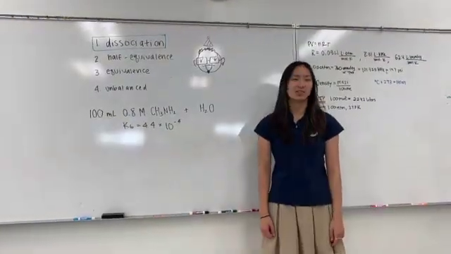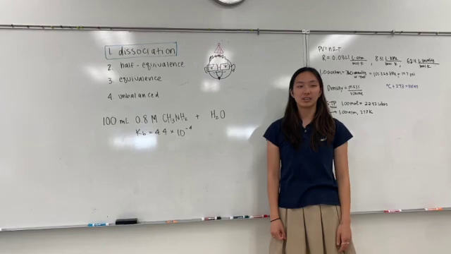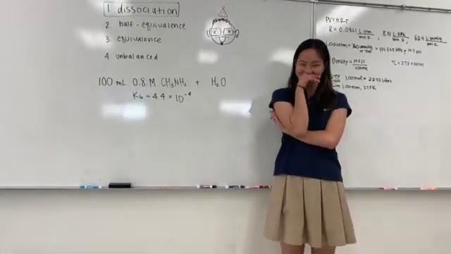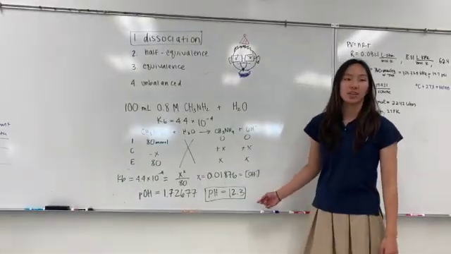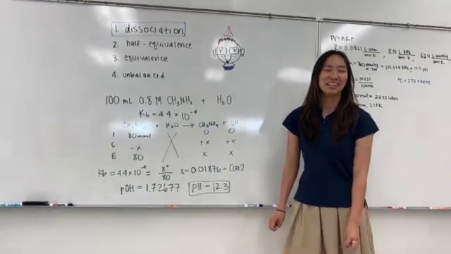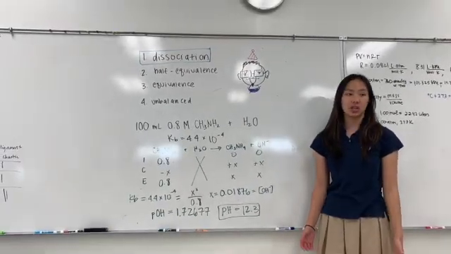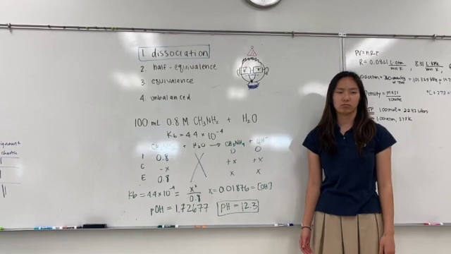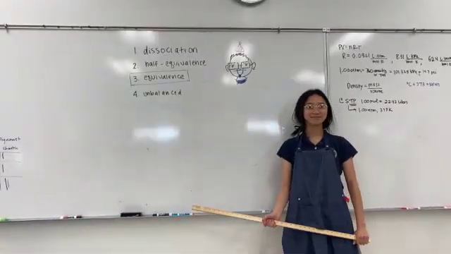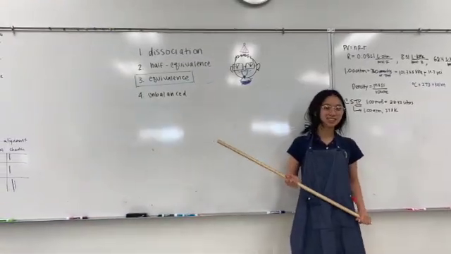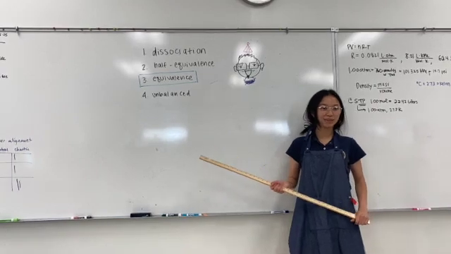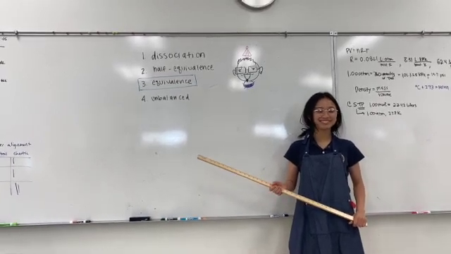Let's look at the expression for the Kb value. See, we can neglect the change to our initial value. Does that make sense? So that covers dissociation for strong acids and weak bases.